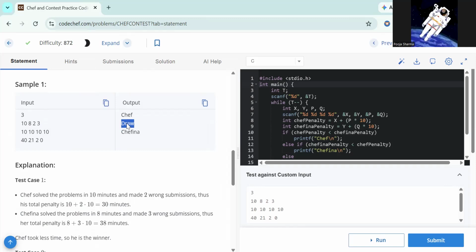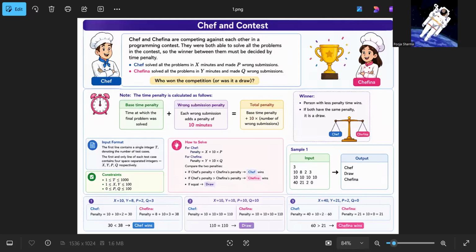Now let's go back and come to the scenario here. Chef and Chefina are competing against each other.